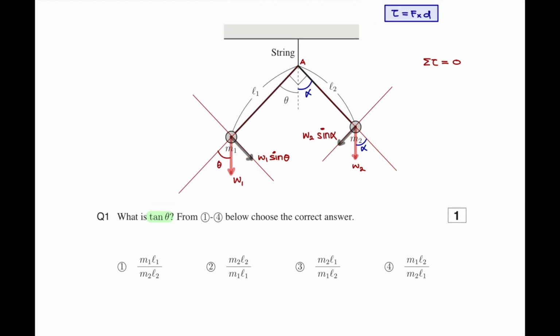So W1 sin theta times L1, I assume counterclockwise is the positive direction, minus, since this is the clockwise direction, so it must be negative, W2 sin alpha L2 equals 0.